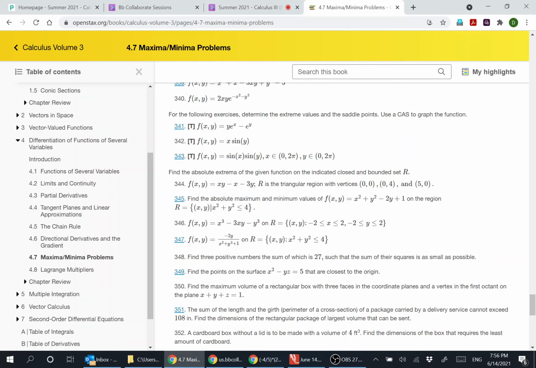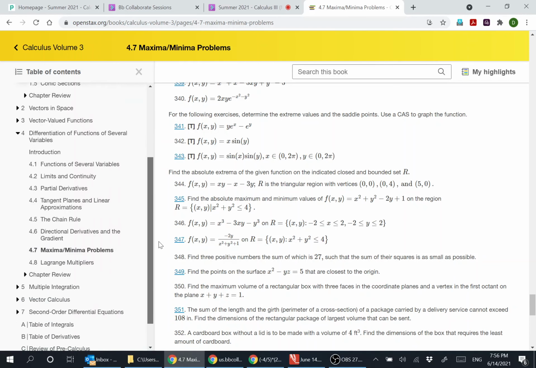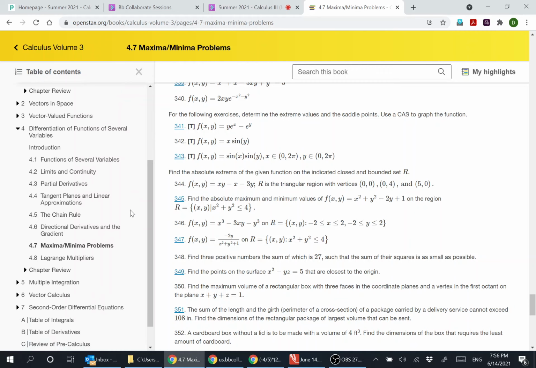So, in Calc 1, there was this whole section on applied maximum and minimum problems. It's not in this book. This is just the multivariable book. There were all these geometric type problems. Well, in all of those problems in Calc 1, essentially you had to boil down all the information they give you into a single variable function.